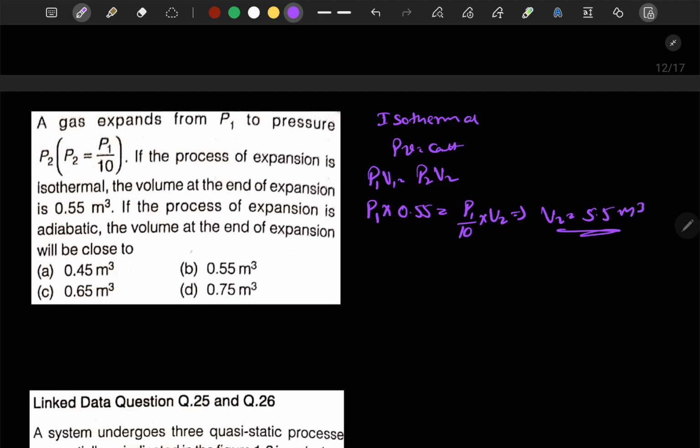meter cube. So let me correct the options here.